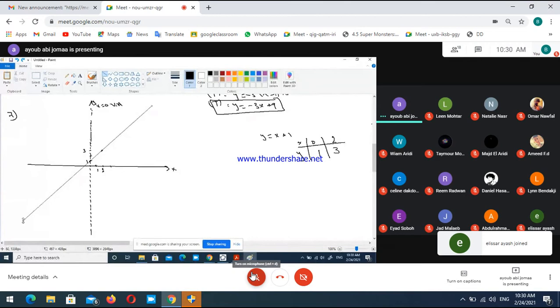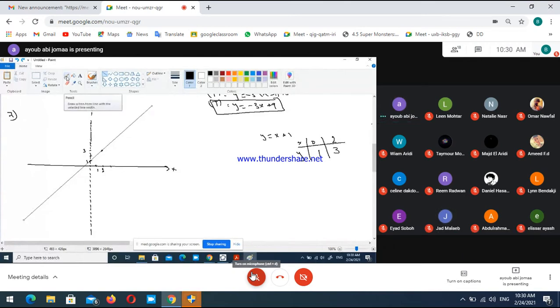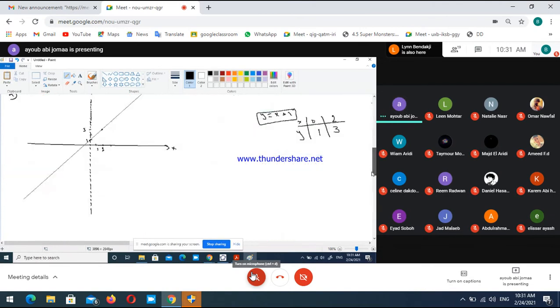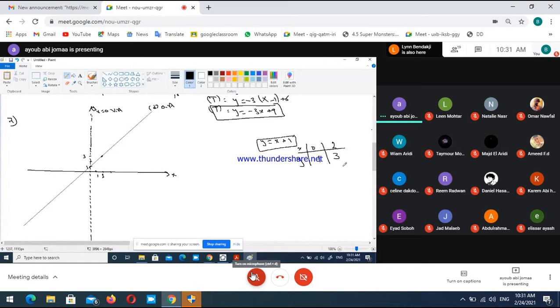This is the oblique asymptote, the straight line D. Jad, what do you give? No, that's how I drew it, sir. How to draw a straight line? The oblique asymptote y equals x plus 1 that we found here. How to draw a line? Okay, you choose two values of x, make a table, and replace.